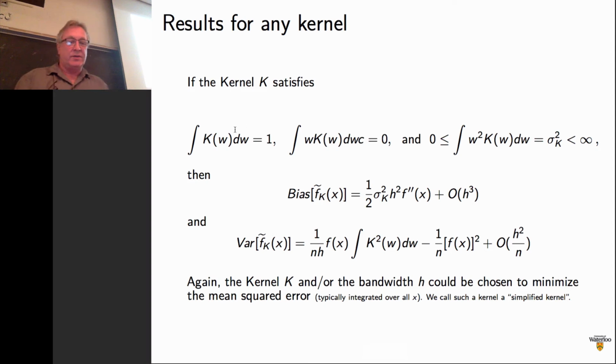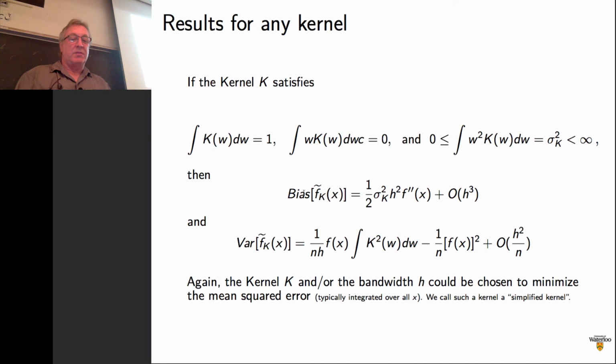If we made these constraints, right, so that integrated to 1, if that was 0, and if this last part was finite, that was the w squared term, you might call that sigma squared of k, right?